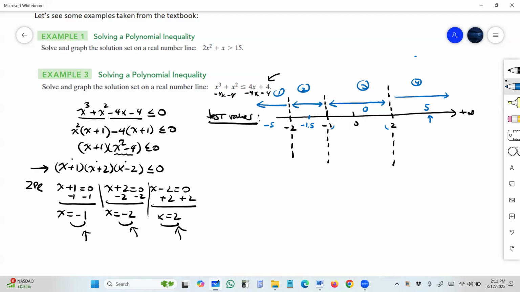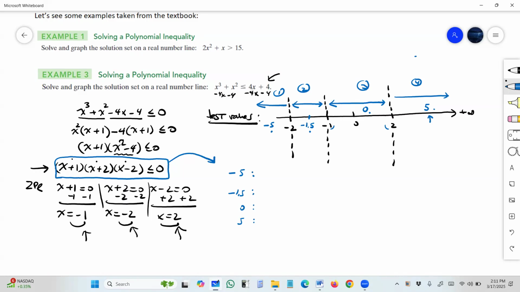Okay. And I need to test all these 4 values. So test, and you're going to test it on the factor polynomial. Okay. So -5, -1.5, 0, and 5.